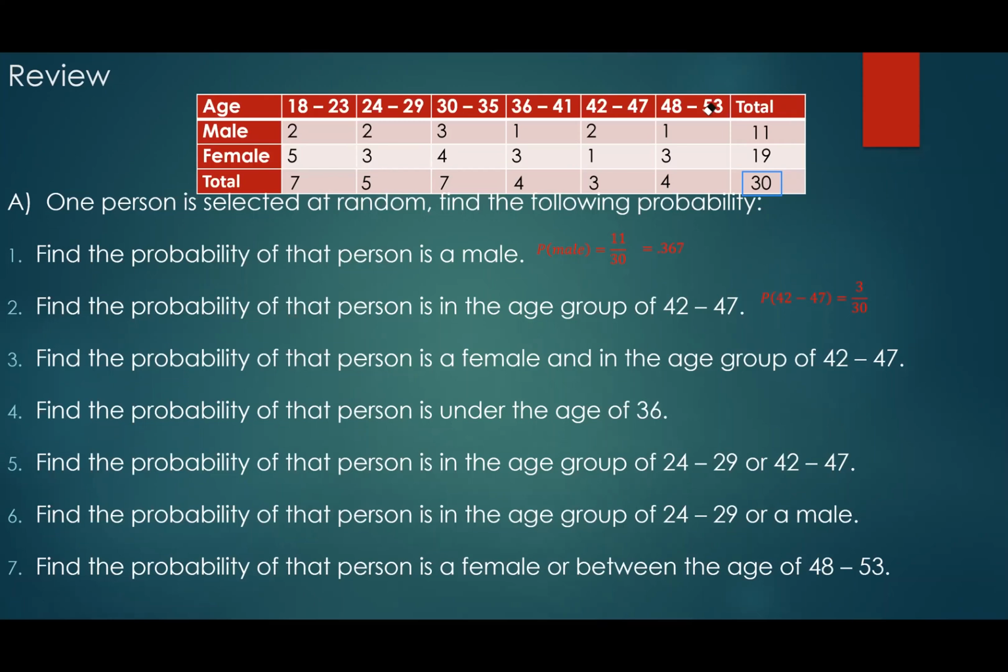How many people are in the age group of 42 to 47? Do you agree that I have 3 over the total? 3 divided by 30 gives me 0.1. Why is it a simple probability? Because they only ask you for one criterion and one criterion only, right?